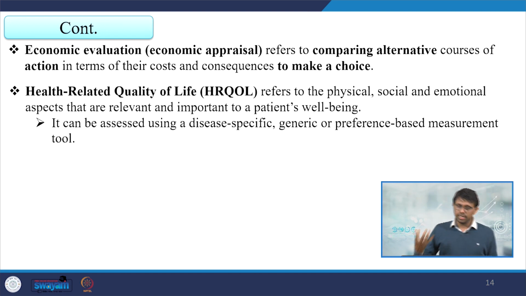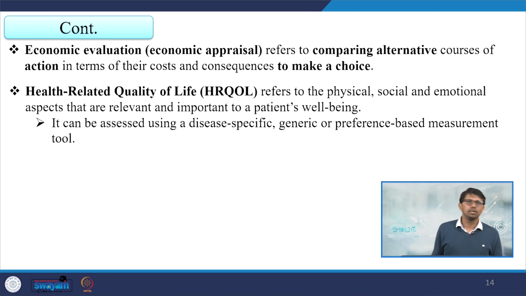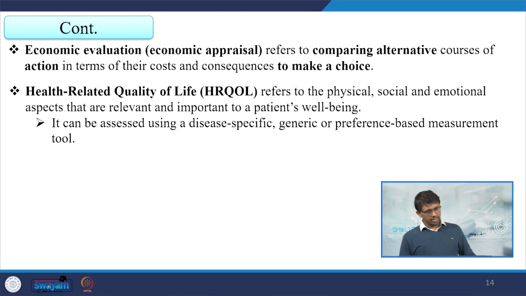And more interestingly, we have used the quality of life indicator, citing the health related quality of life, that is HRQOL. We have also taken the standard databases, standard systems which are using different health related quality of life indicators.